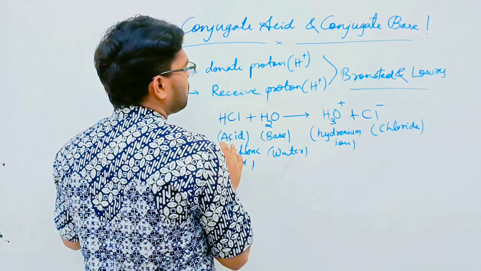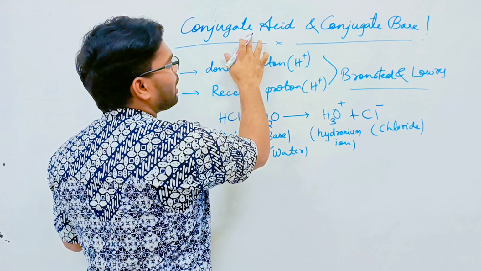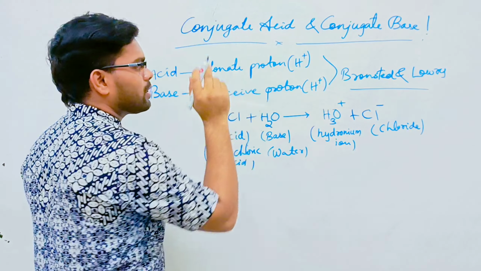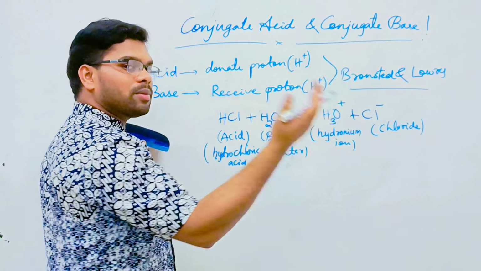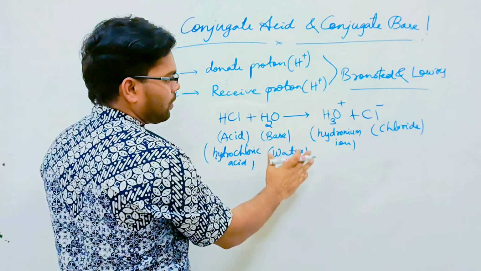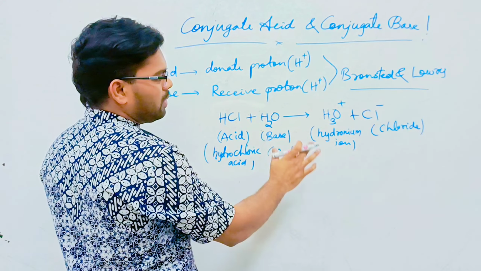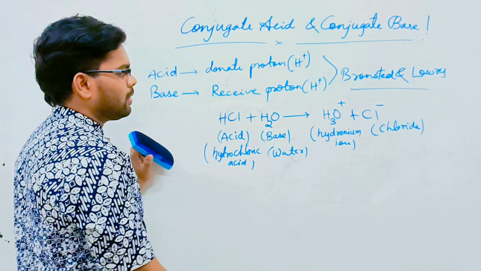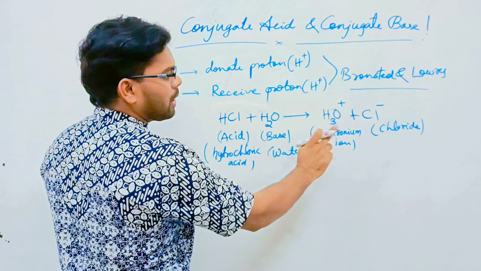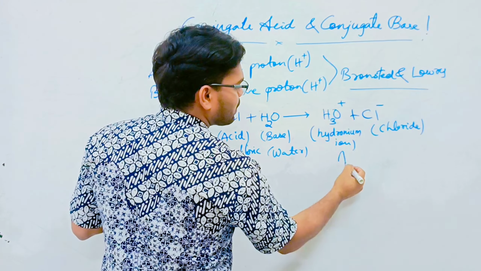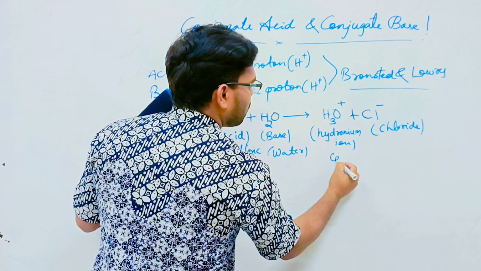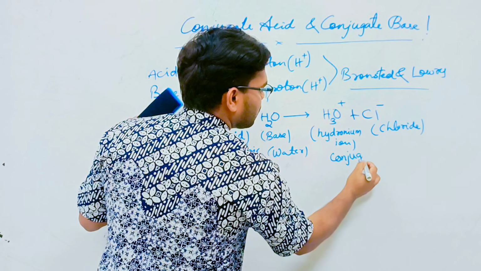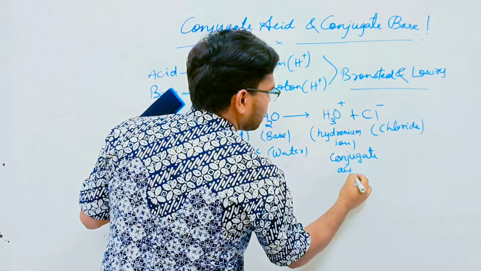So always remember, conjugate acid always comes from the base, and conjugate base comes from the acid. Therefore you can tell me, which will be the conjugate acid here? The conjugate acid will be hydronium ion.